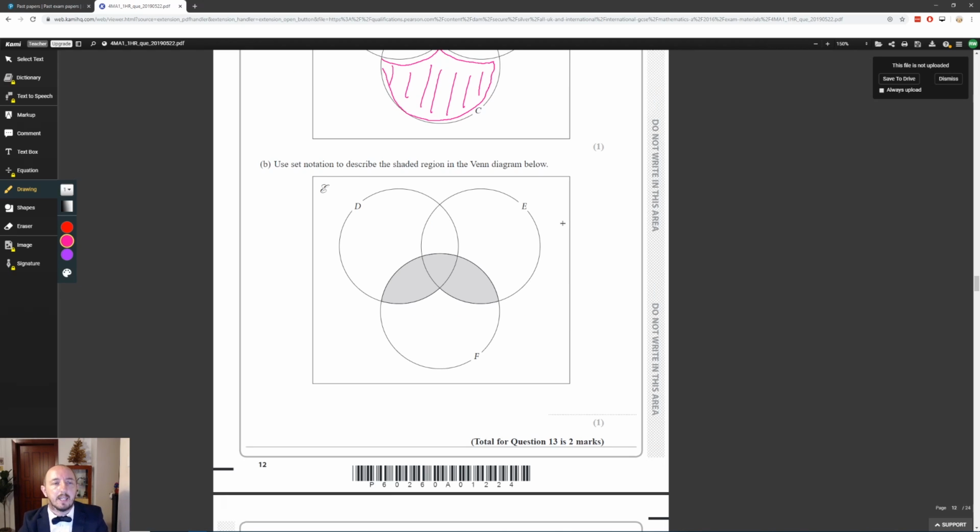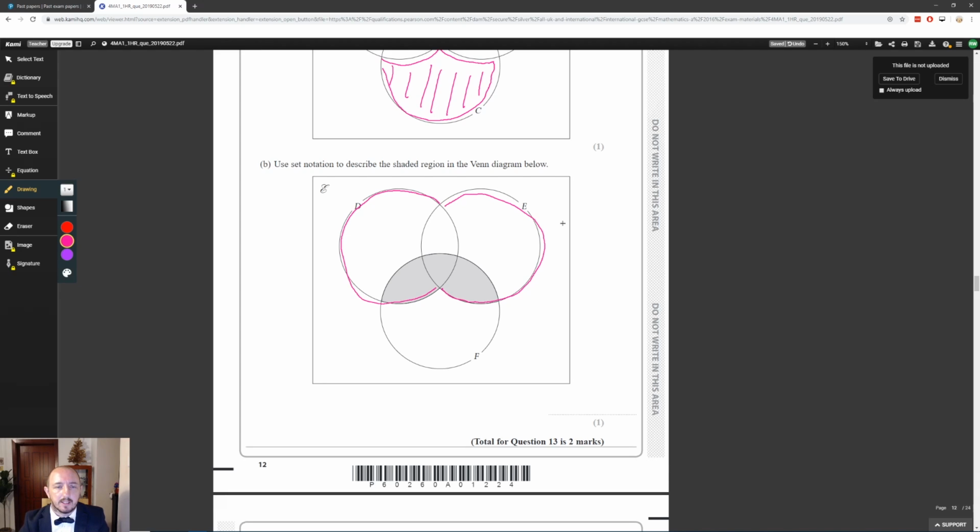For question B, we have to use set notation to describe the shaded region. So as you can see, it's kind of the union of these two, but it's missing everything that's outside of this circle here.